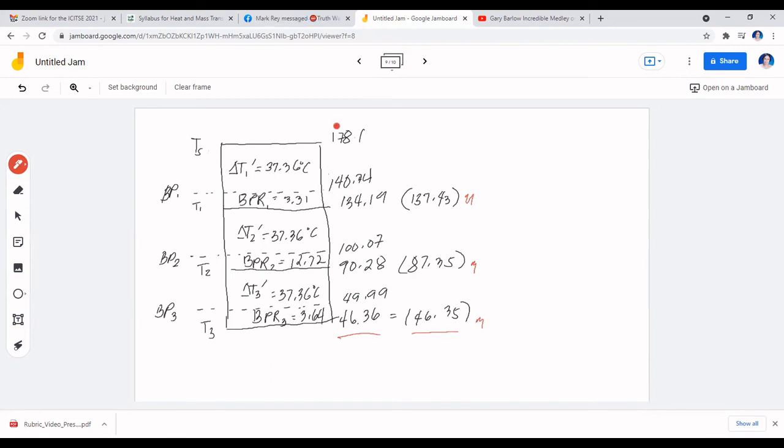I mentioned a while ago that there should be a superheat in this case because we have BPR. I'll just give you an example because you already know how to do your energy balance, your material balance, and all the steps that you need to do after these three steps. This is what you're going to do.